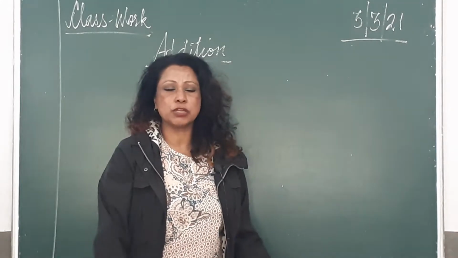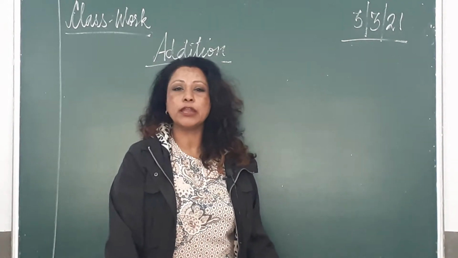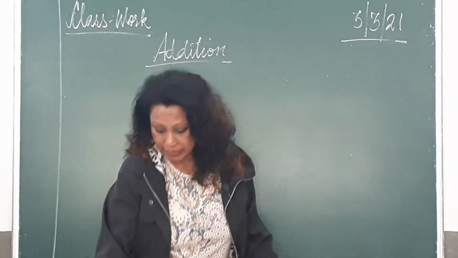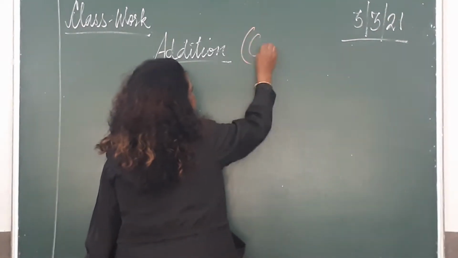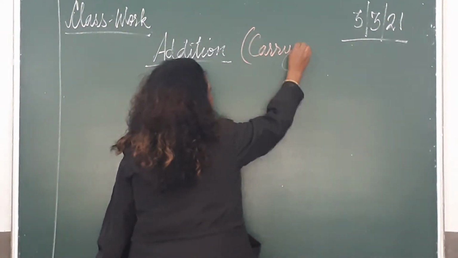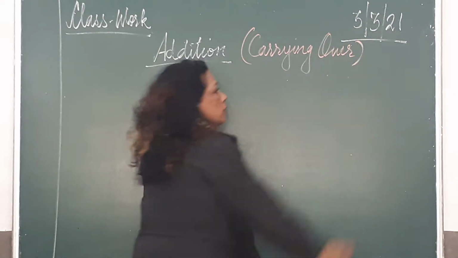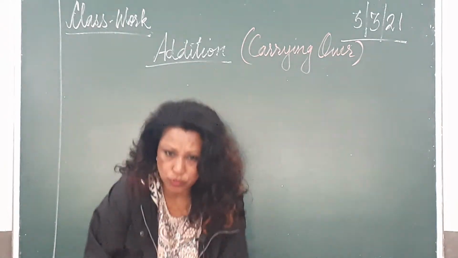I've seen your work and I feel that you all are able to do the addition. So let's now move on to the next step: addition with carrying over. Now let's see how we do carrying over.